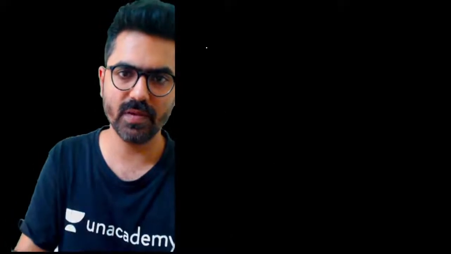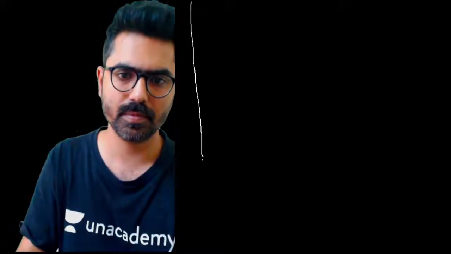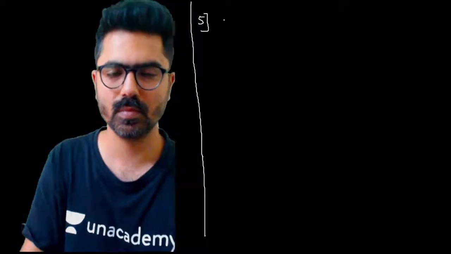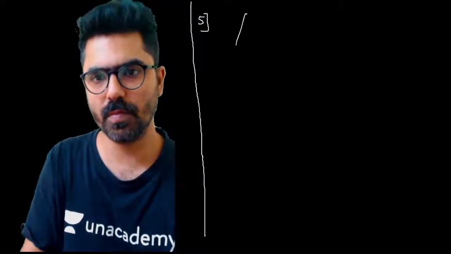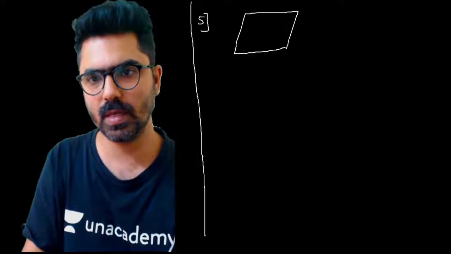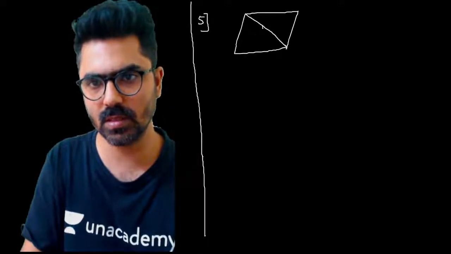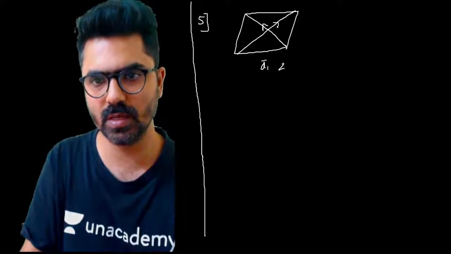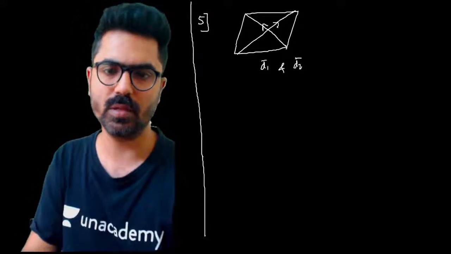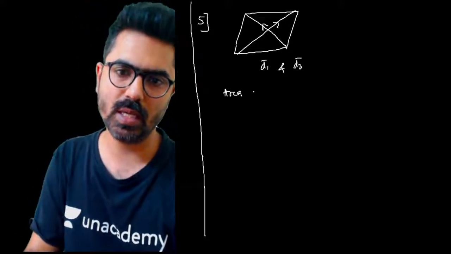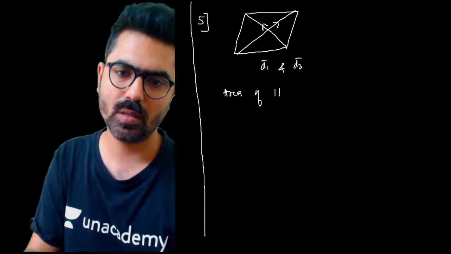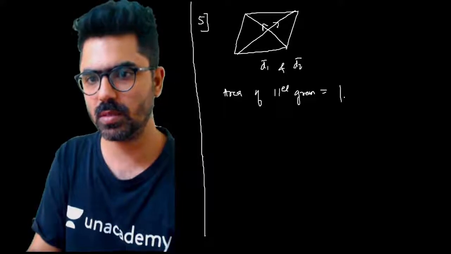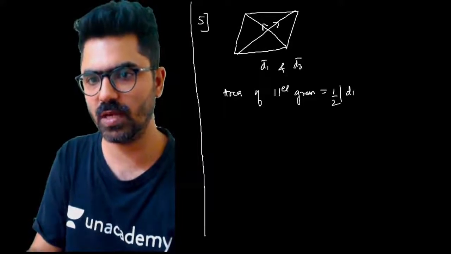Similarly, let's add one more point. If a parallelogram is given, and instead of adjacent sides the diagonals are given, let's say diagonal d1 vector and d2 vector, then the area of the parallelogram will be half of d1 cross d2.